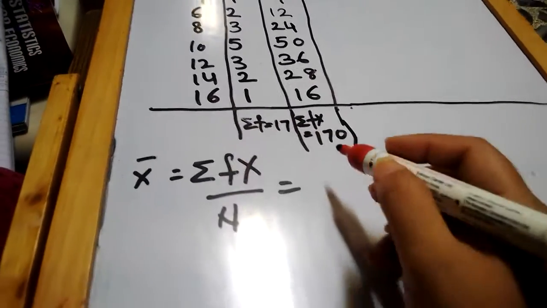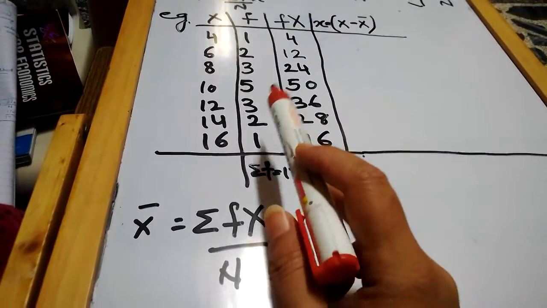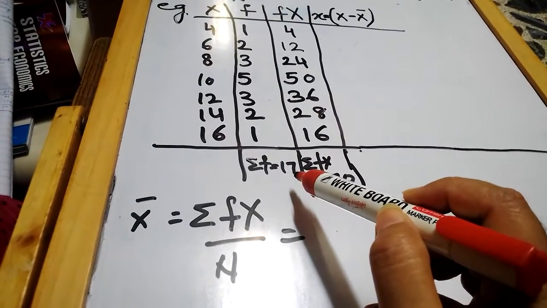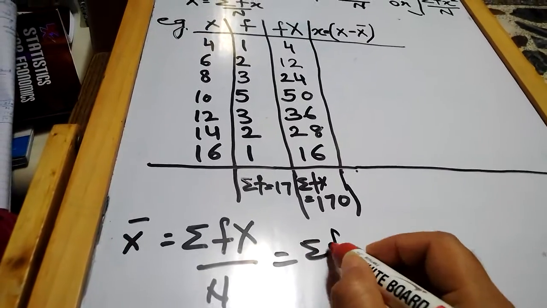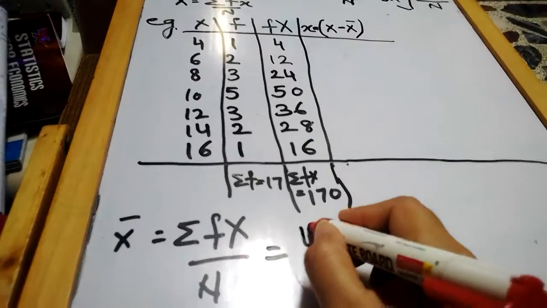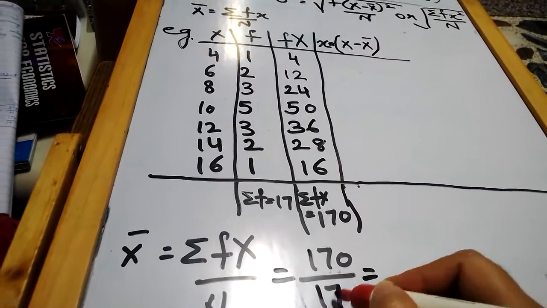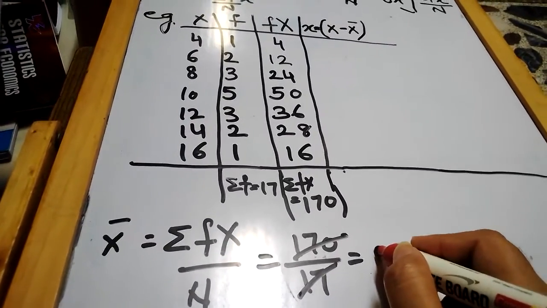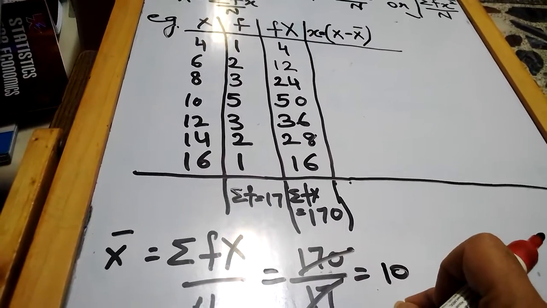That means we have to total up the frequency f, which gives us n. So it comes to 170 divided by 17, and the answer is 10, since 17 tens are 170. So we have our mean, which is 10.